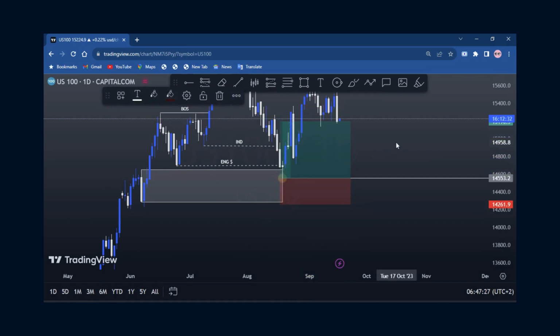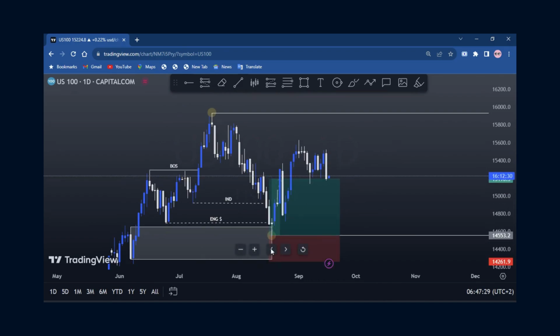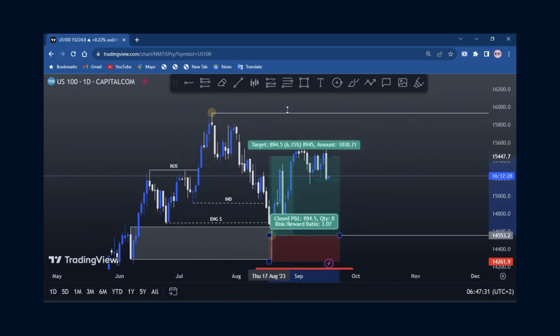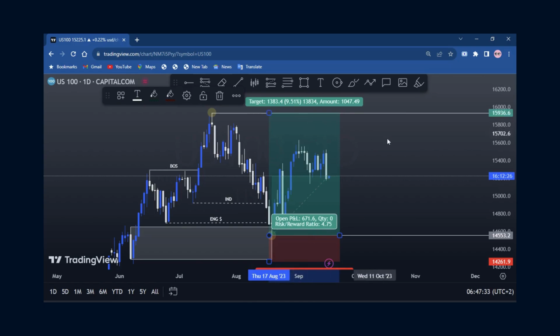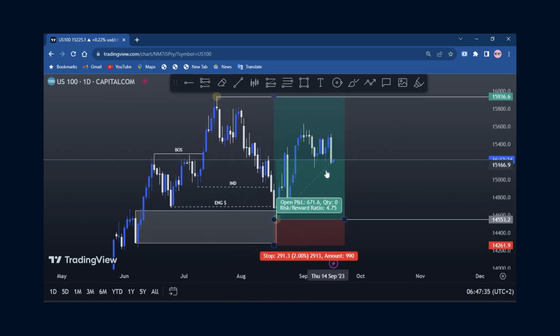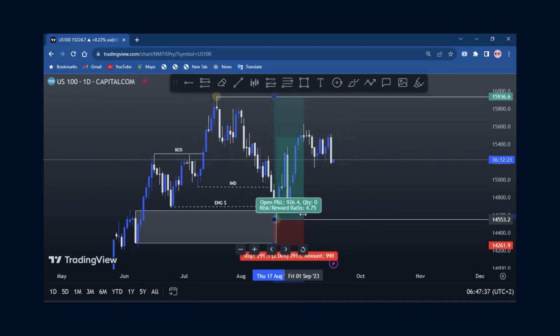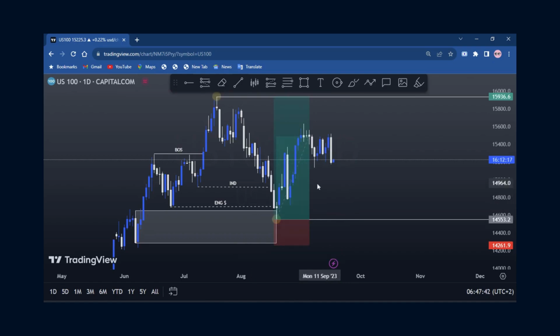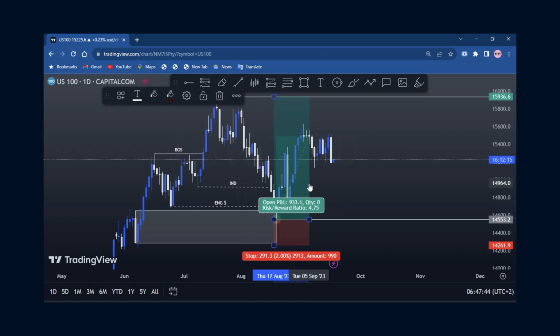And if you go to 1 minute, you could have had a very small stop loss. Then the take profit is obviously your swing high. So I'm sure some of the guys have taken this trade, and this is what it looks like as it stands, right? But today I'm not going to go to the lower time frame and explain how you take this trade.